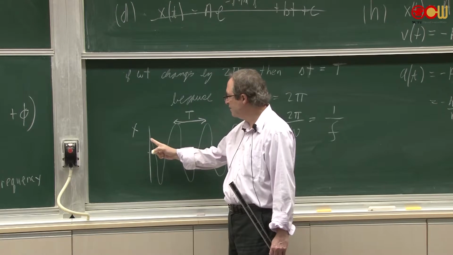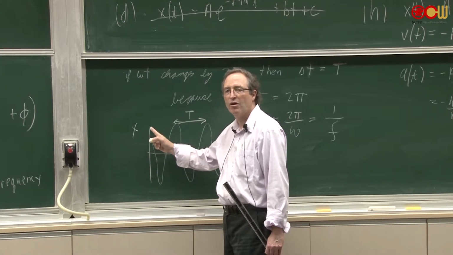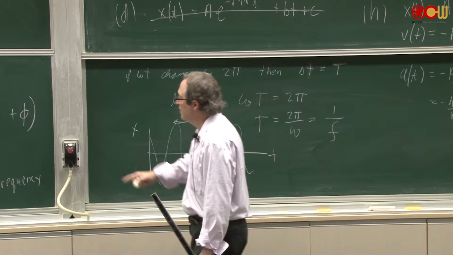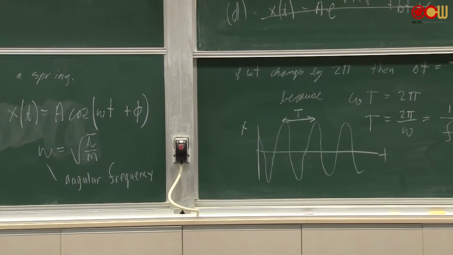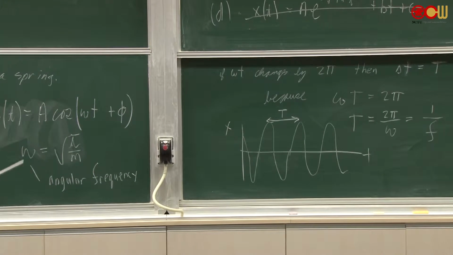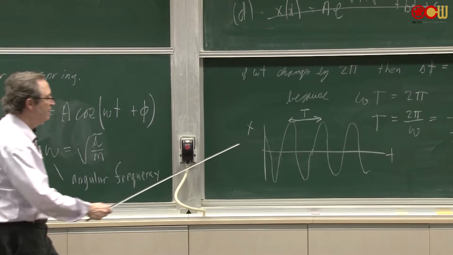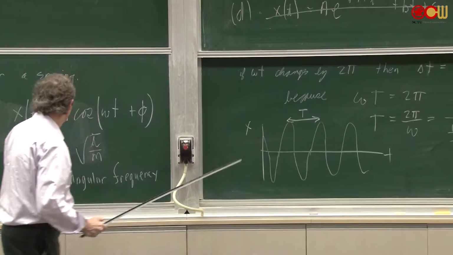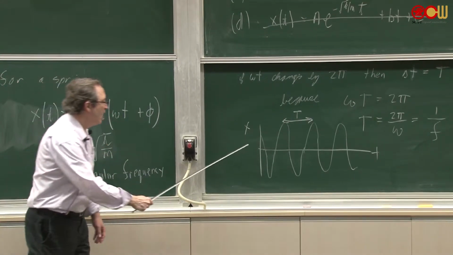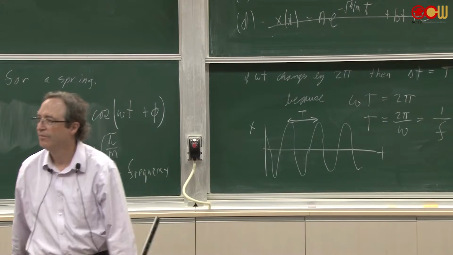The fact that it doesn't start at 0 or maximum means that there's some value of phi that you'd have to figure out. All right? So the amplitude A is this size here. This is the amplitude. And phi is determined by the initial conditions.